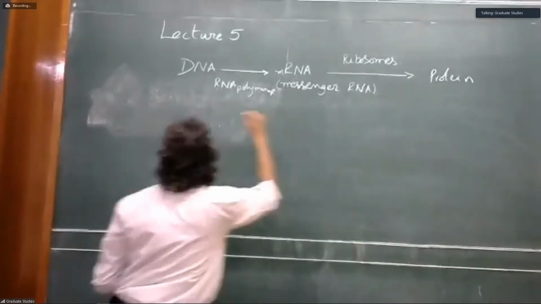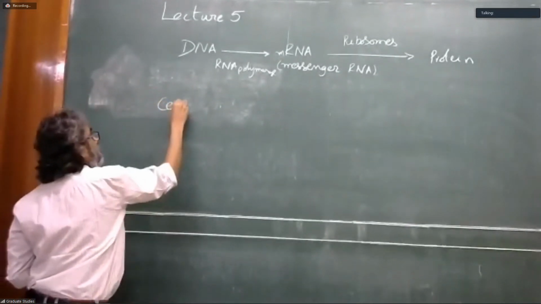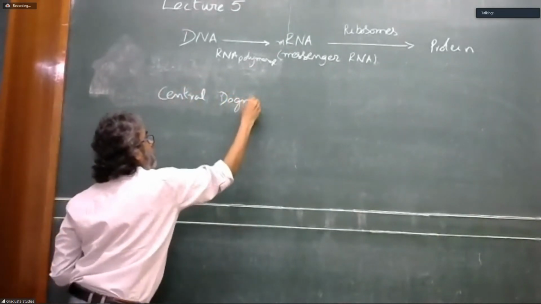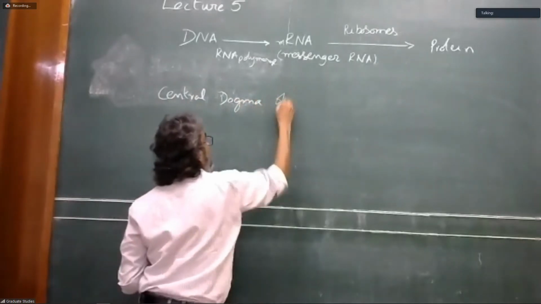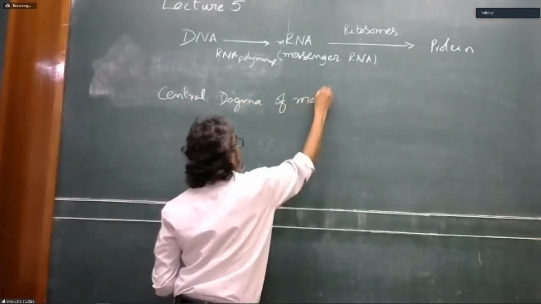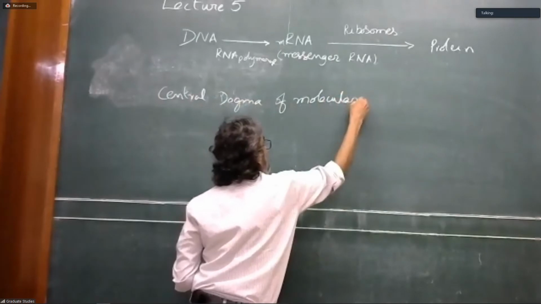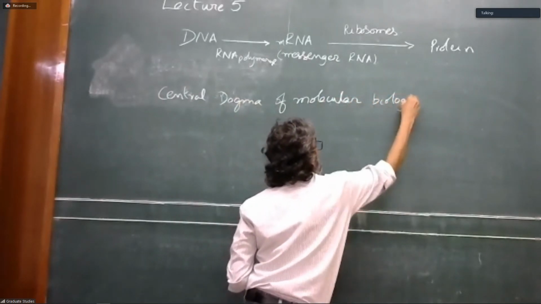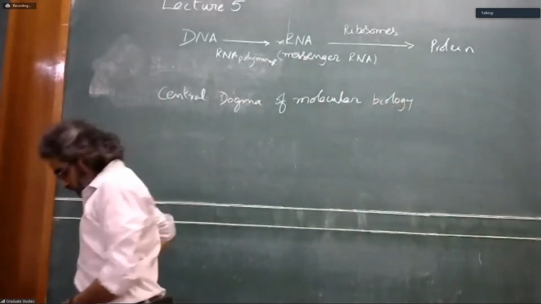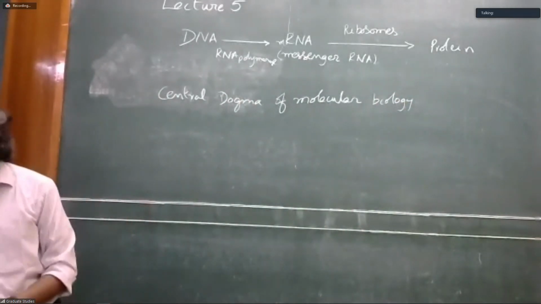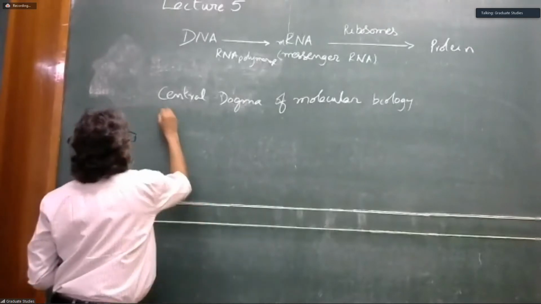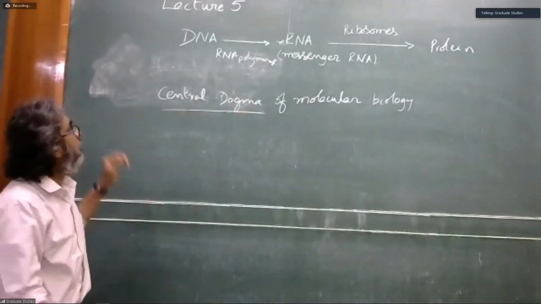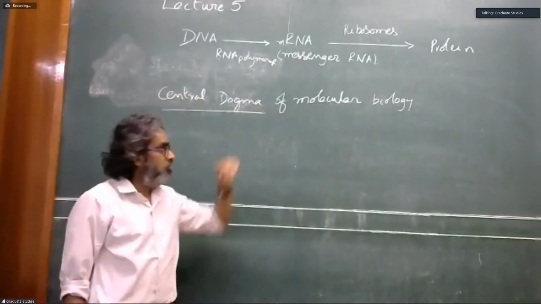This is called the central dogma of molecular biology: how information flows from one biopolymer to another.